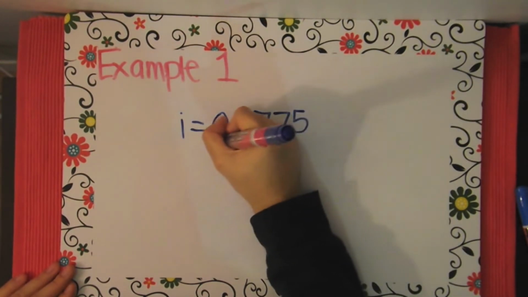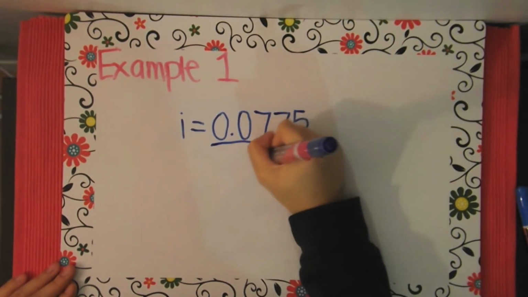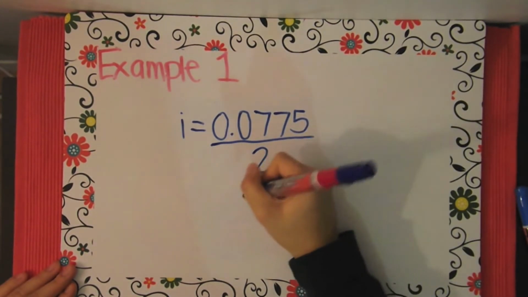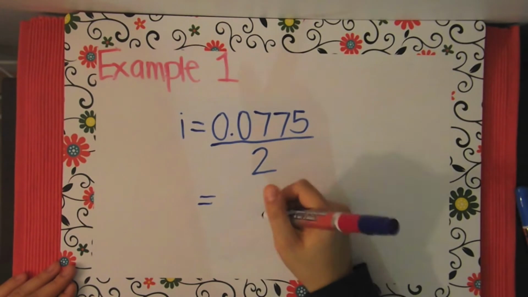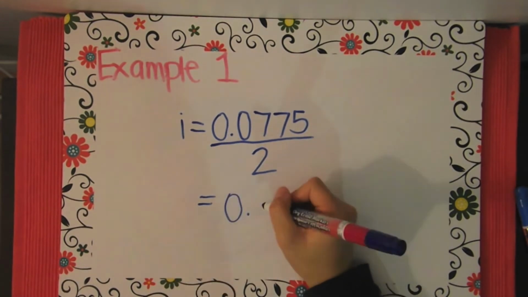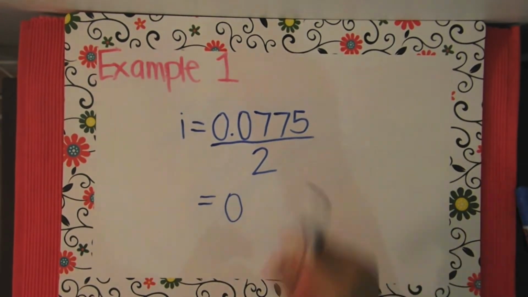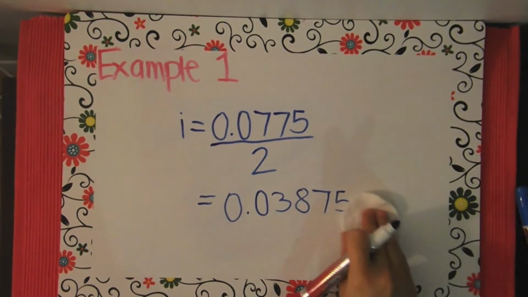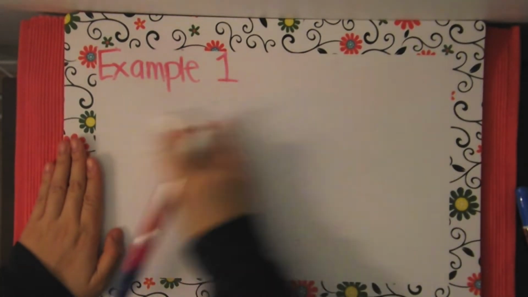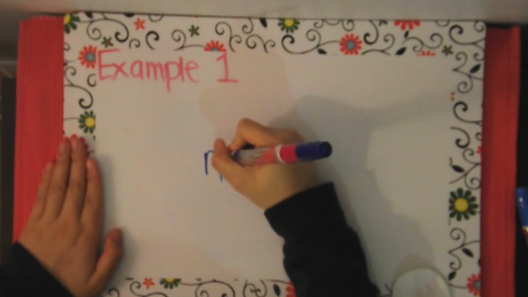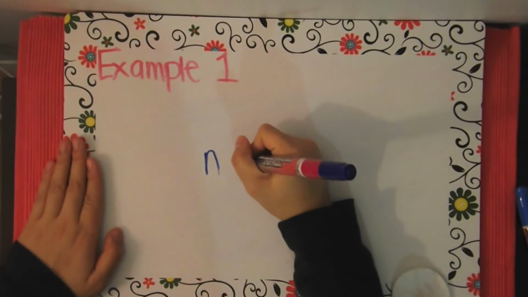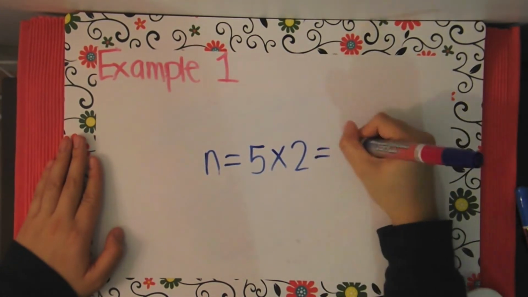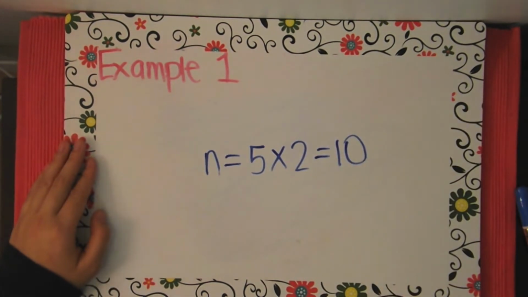And divide by the compound period, which is 2, because in the question it said semi-annually, and semi-annually means 2 times a year. So the interest rate per compound period equals 0.03875. The next step is to calculate the value of n by multiplying 5 times 2, where 5 comes from the number of years in the question. This equals 10.